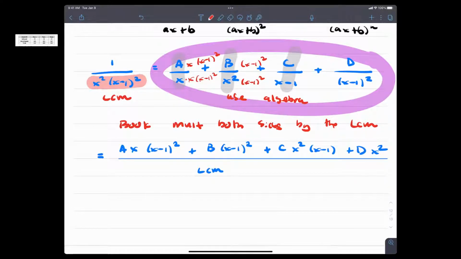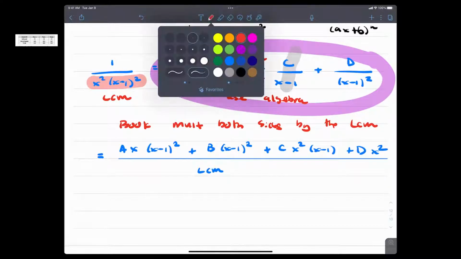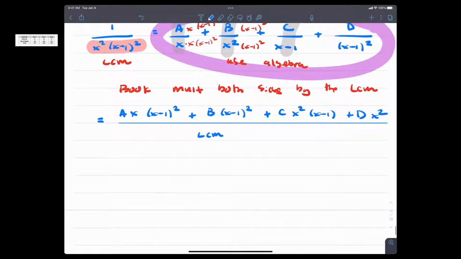Multiply both sides by the LCM, because what that does mean then, it's equivalent logic. But what we're saying is 1 will be a x, x minus 1 squared, plus b, x minus 1 squared, plus that c x squared, x minus 1, plus d x squared.